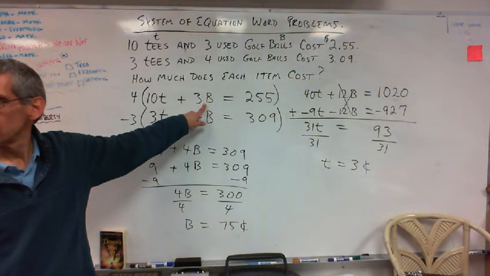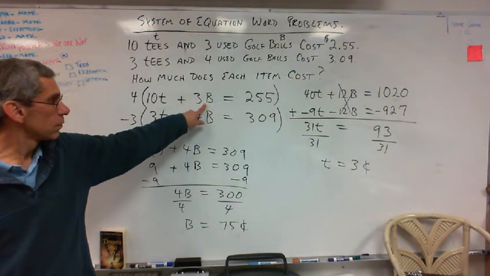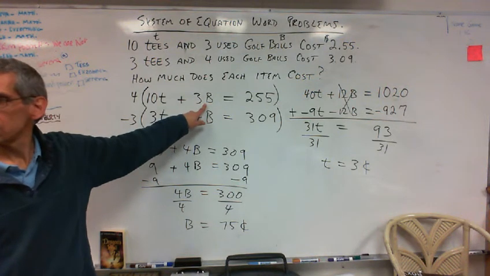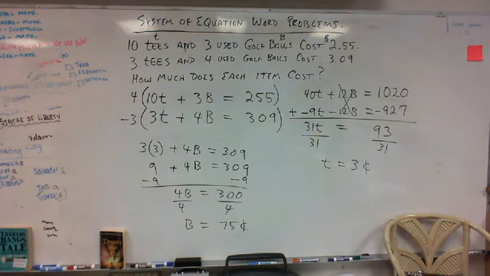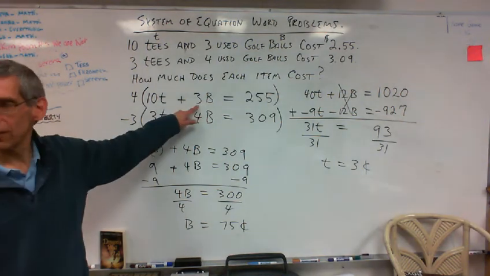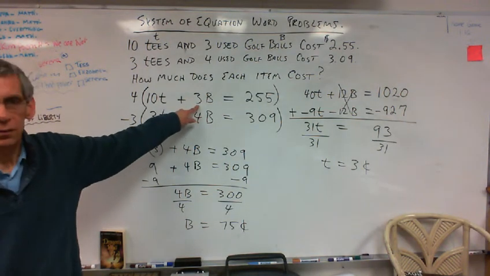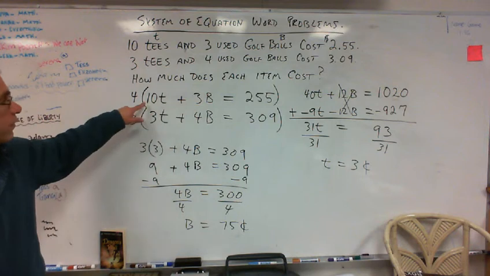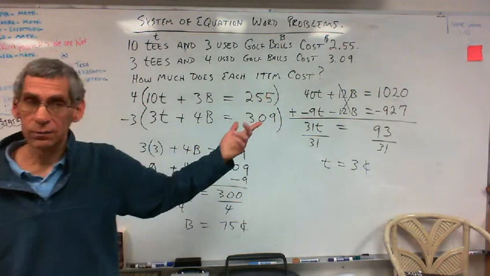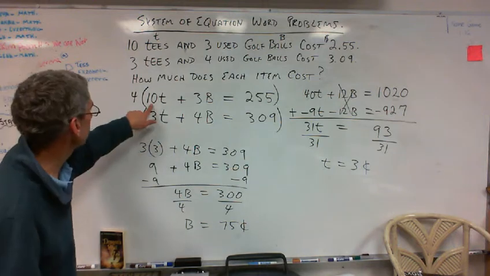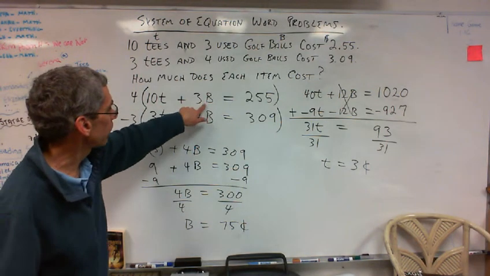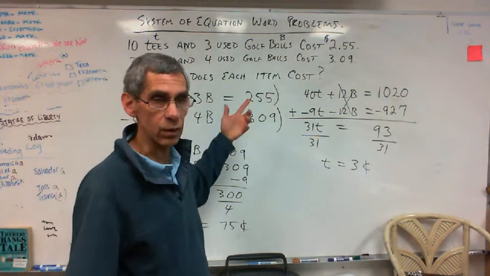It's 225. 225 plus 30 is 255. There we go. See? 30, because 3 times 10 is 30, plus 225 is 255. It works. It's the same.